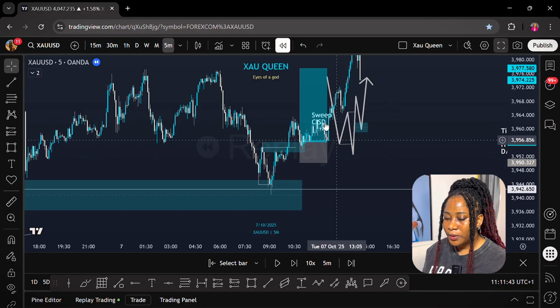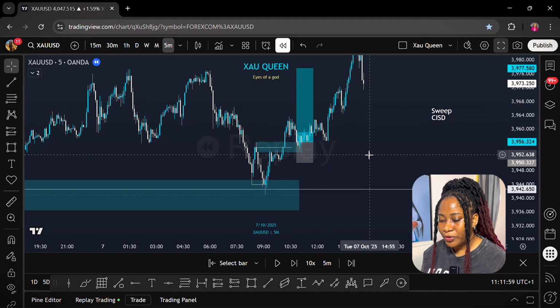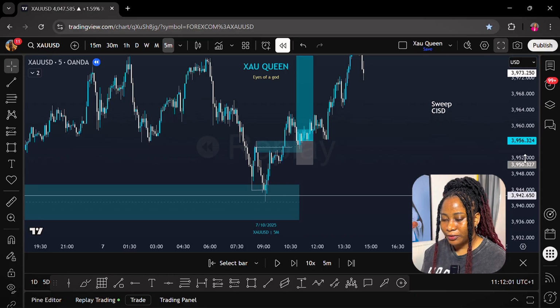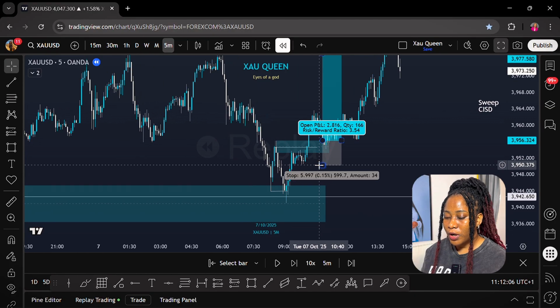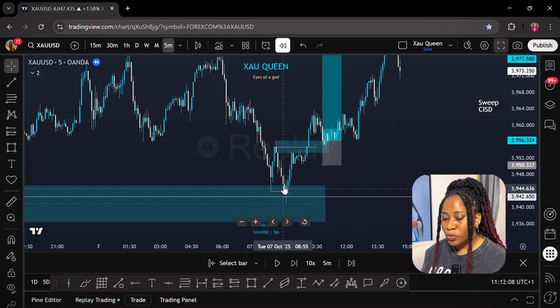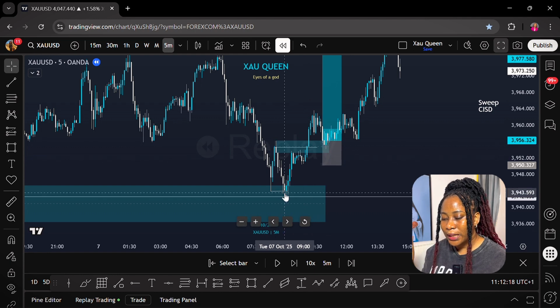And you can see price delivery was massive. So this is what we should be looking for as our confirmation entries: a sweep, a change in state delivery, body close above. Then you either use the mitigation block, the breaker block. It's always a breaker block because we must get a sweep.